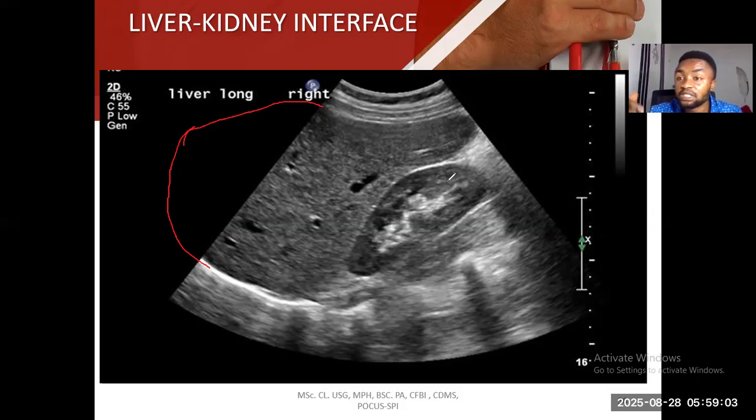Yes, they cheat the patient. They will intentionally measure the full liver and tell you that your liver is enlarged. Meanwhile, it is not. So this one, if you want to measure, can you tell me if I'm standing here and I measure up to this place?